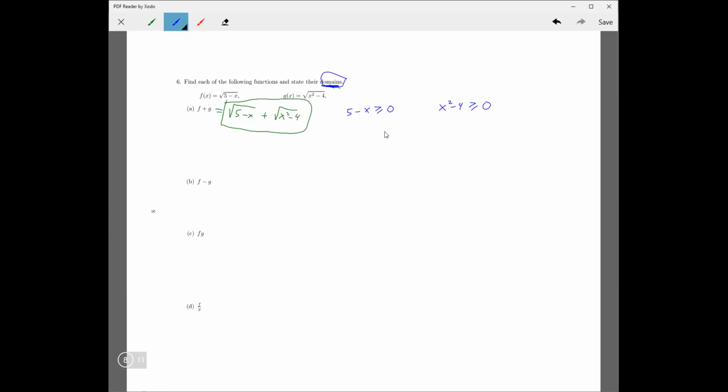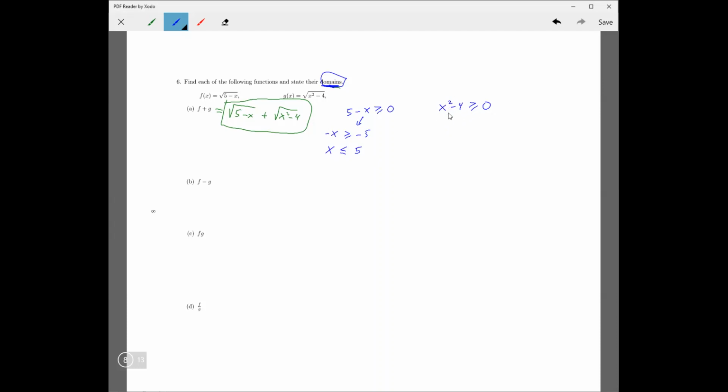Solving this one is pretty straightforward. I could subtract 5 from both sides, and then divide by -1. So I get x is less than or equal to 5 for that one.